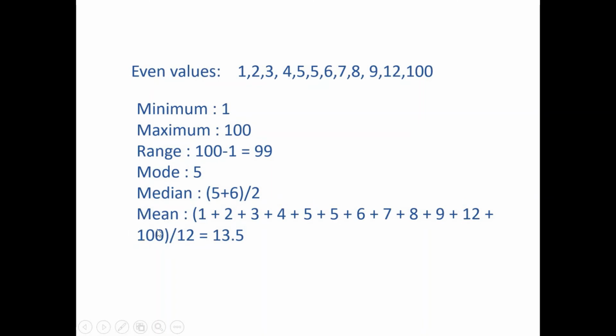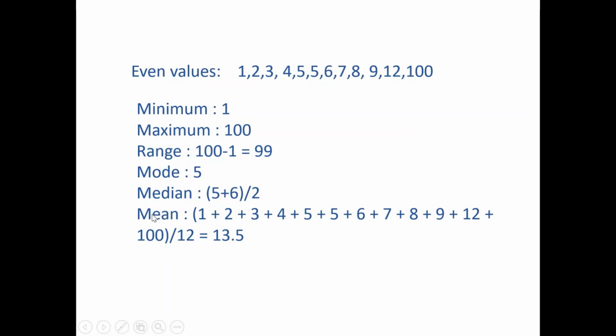What is mean? Mean is basically sum of all of these values divided by the number of values. So it will be sum of all of these values divided by 12 gives us 13.5. Now, if you notice, all of these values, the major values are ranging from 1 to 12, right? And the middle value, the median value is 5.5 for us.